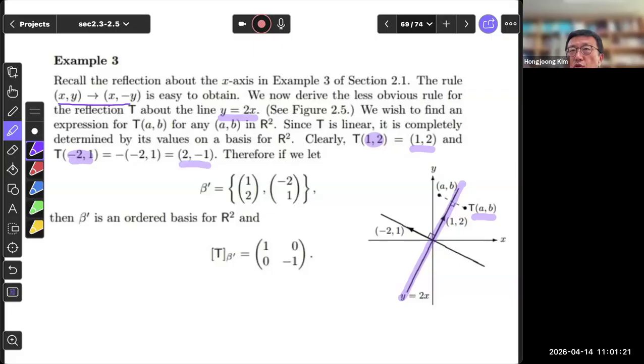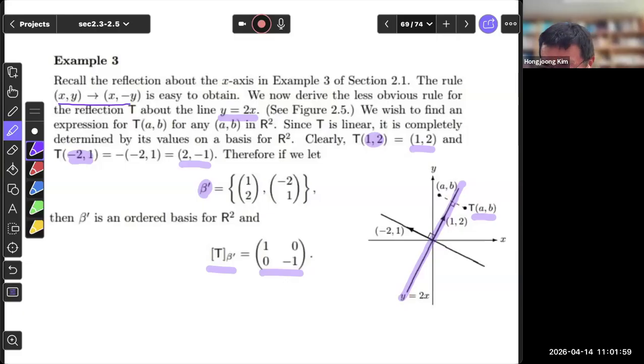So that means if I choose (1, 2) and (-2, 1) as a basis, then the matrix representing this reflection with respect to this beta prime will be quite simple, because the (1, 2) vector is not changed and the (-2, 1) vector is reflected to the negative 1 multiple of that vector. So I can easily find this matrix if I choose beta prime as a basis.